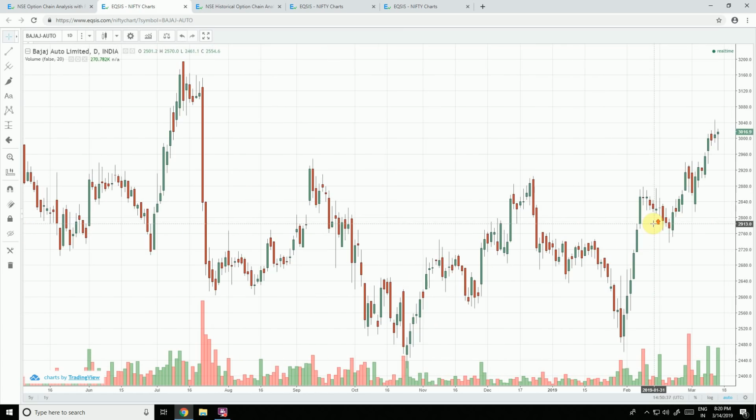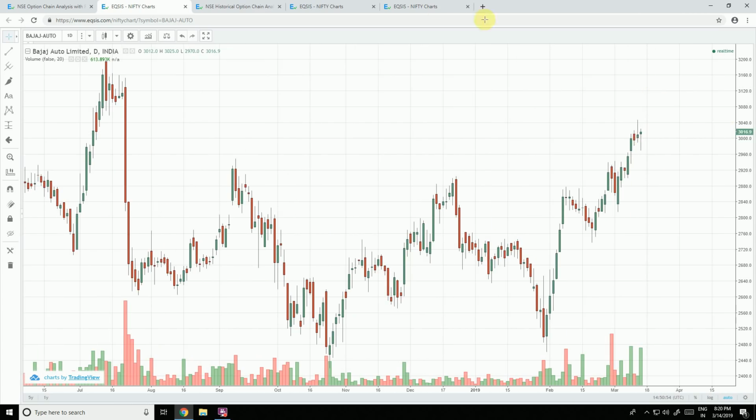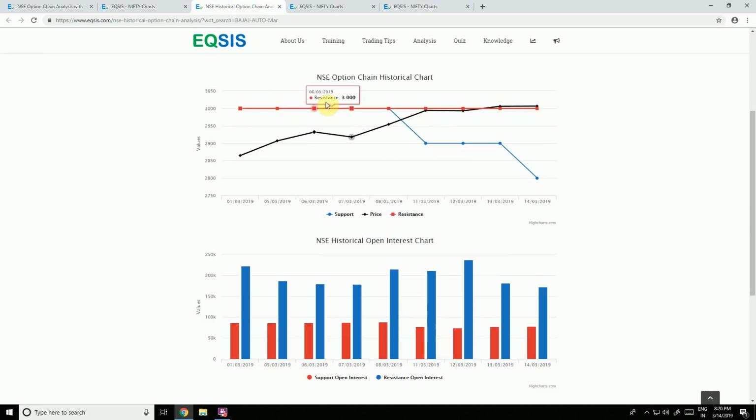If you look at this particular one, sometime you might have noticed, till the expiry the price can actually range around 3,000. By any chance, if the price, let's say by tomorrow, goes above 3,050 levels, then the short covering can quickly make the price go up, because the call short people can feel the pressure and it can go up.